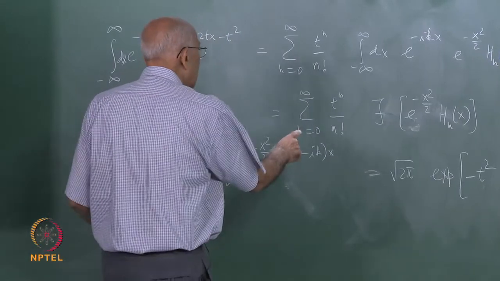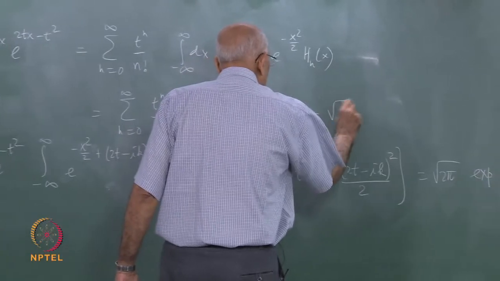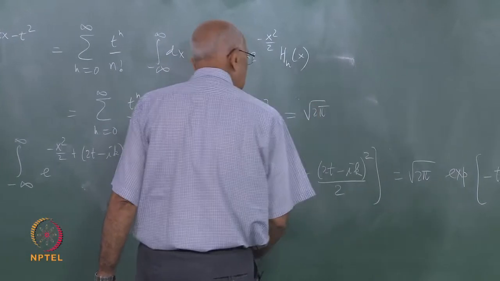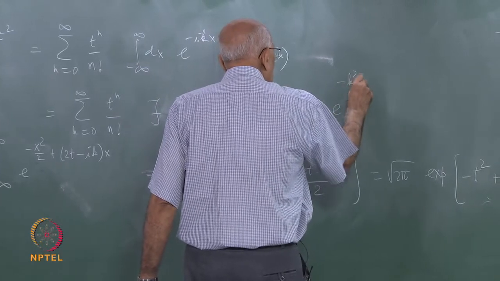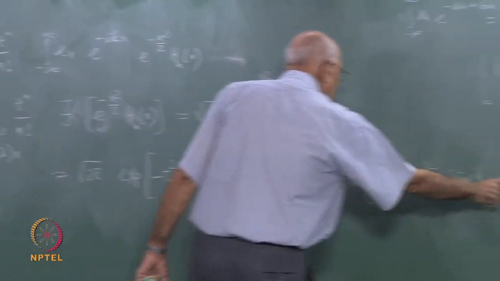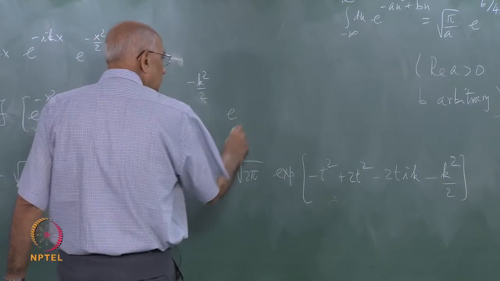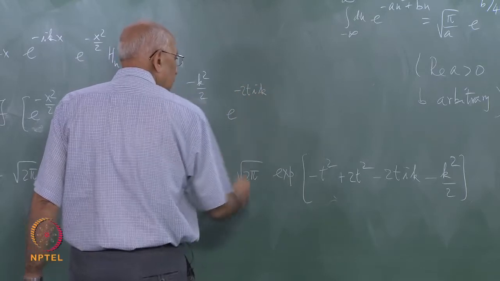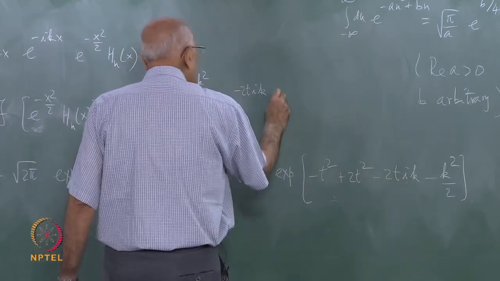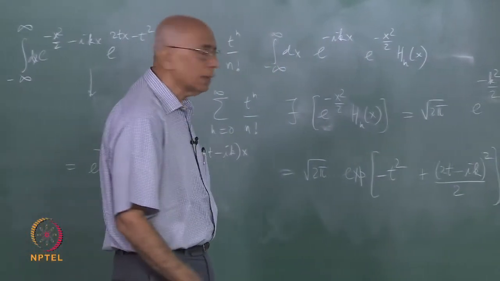Okay. So we end up with the fact that this thing here is equal to square root of 2 pi e to the minus k squared over 2, that factor, and then e to the power minus 2t ik, that is this factor, plus t squared, right.